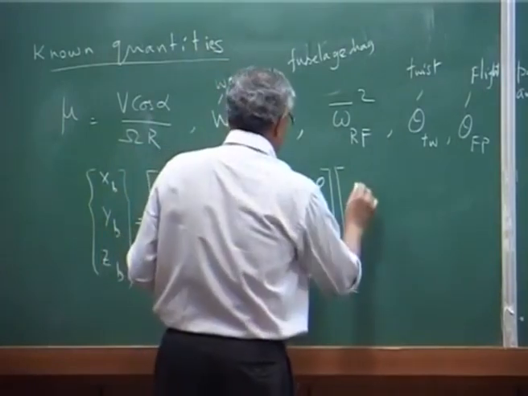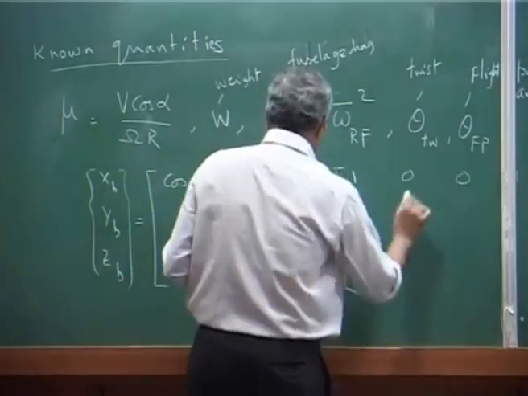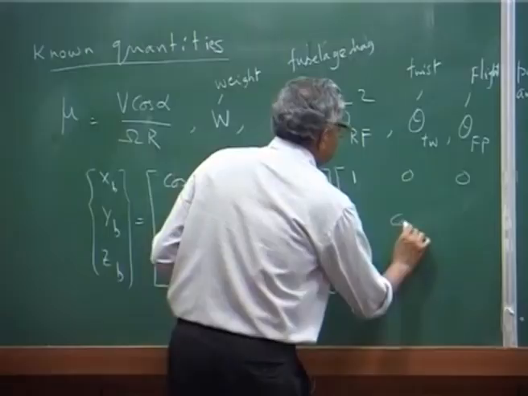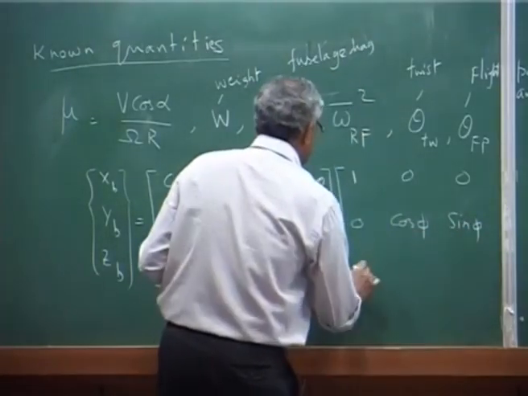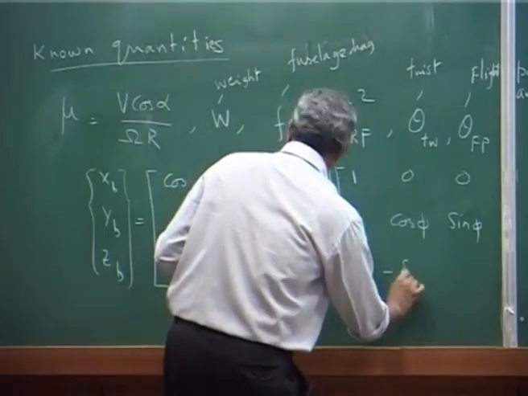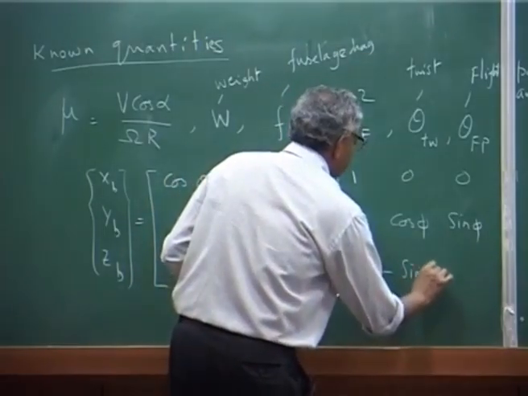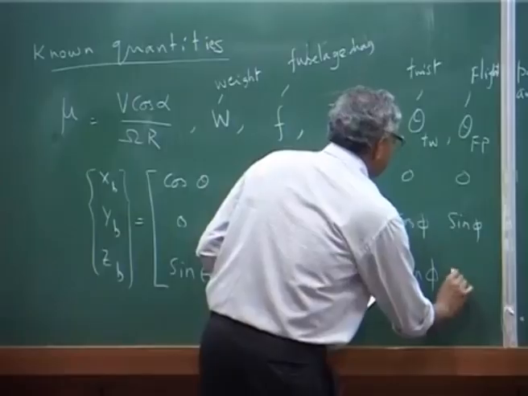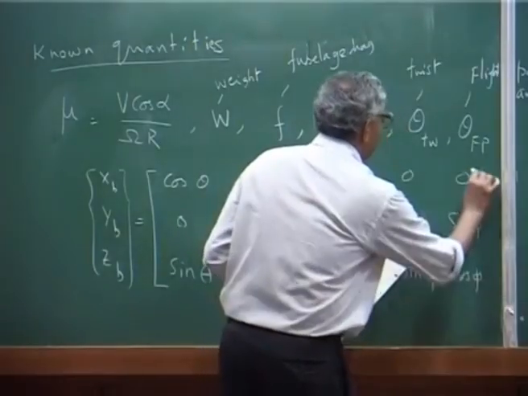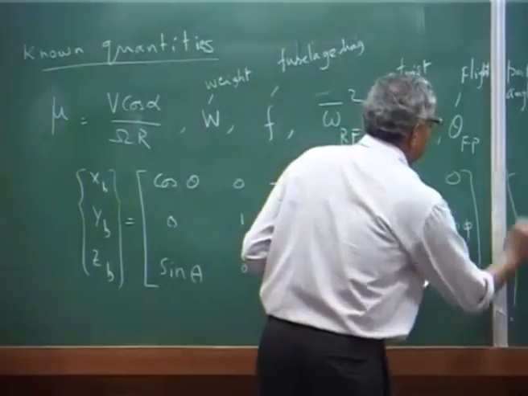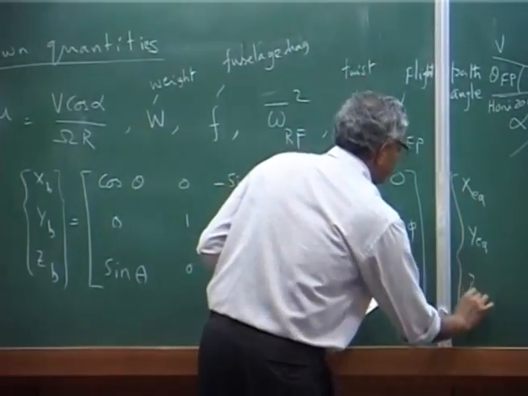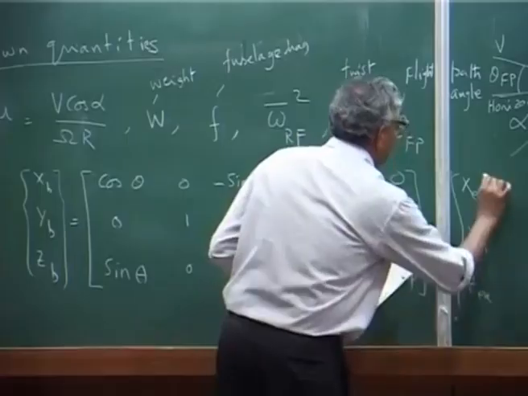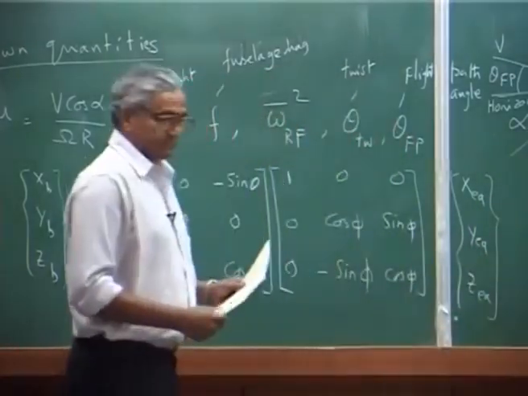Multiplied by 1 0 0, 0 cosine phi, 0, x earth, okay.